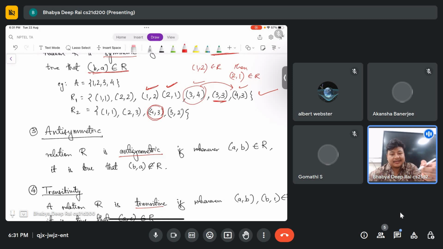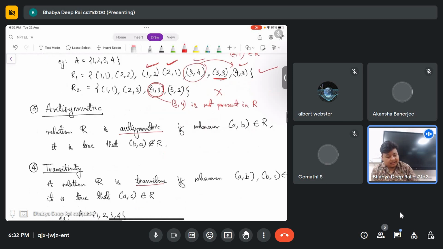But if this relation were to be symmetric, then flipping it, that is (3, 4), should be present. (3, 4) is not present. So this is not symmetric. Good. I hope others are also fine so far. Let's move on.